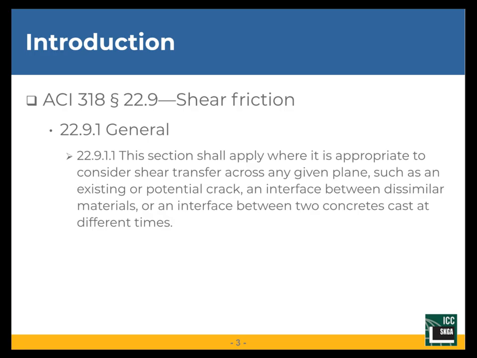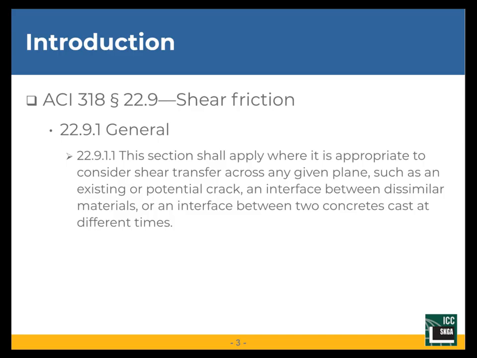So why are we going to spend the next 2 hours talking about shear friction? It seems like a pretty specialized subject, and is it something that's really necessary to talk about for 2 hours? It really comes down to this primary section from ACI 318, section 22.9, part of the toolbox chapter, chapter 22.